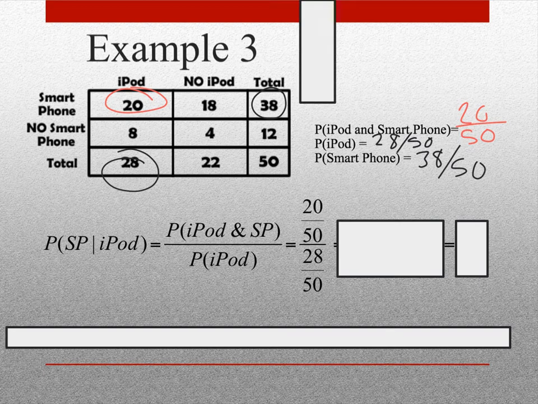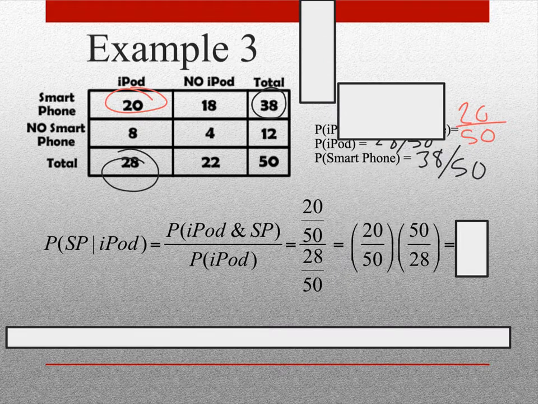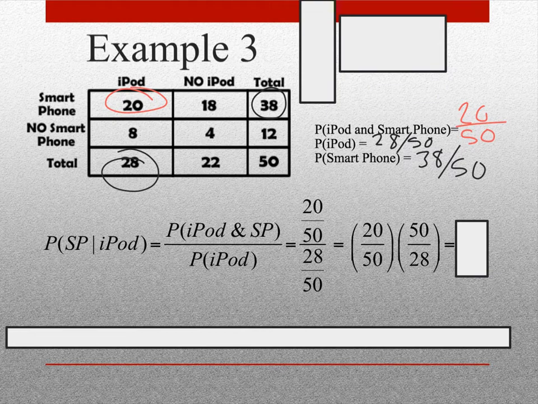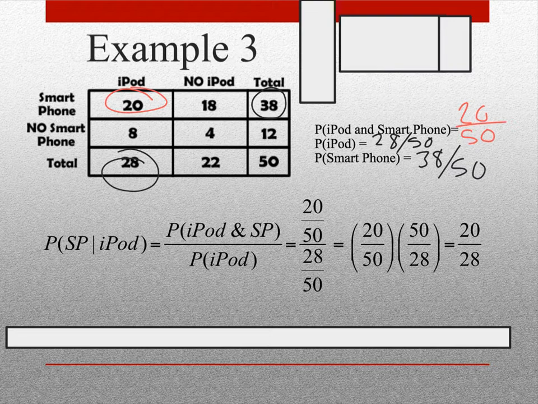And what do we do when we're dividing with fractions, Mr. Odachenko? Use your calculator. Or multiply by the reciprocal. Flip-flop. That's right. We're going to multiply by the reciprocal. So 50 over 28 instead of 28 over 50. And when I simplify that, we end up with 20 over 28 for the probability of a smartphone, given that an iPod has already occurred, right? That event has already occurred. We're saying that it's an iPod at least.